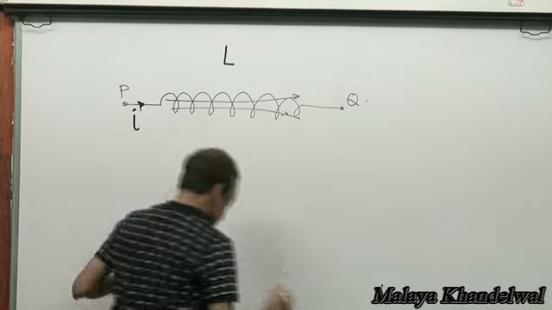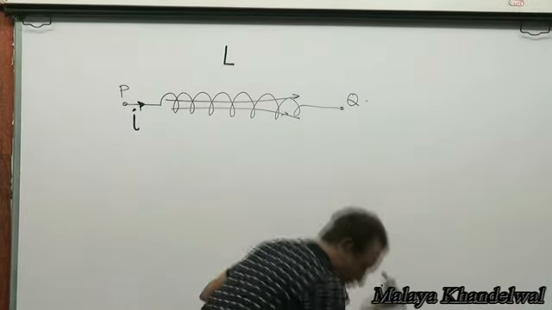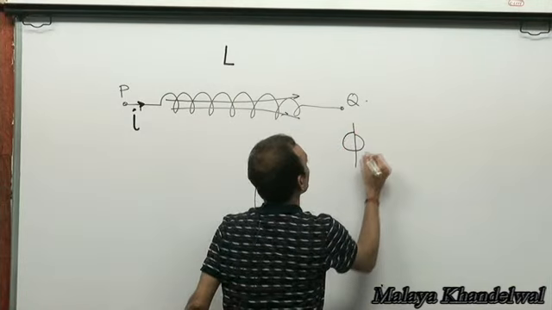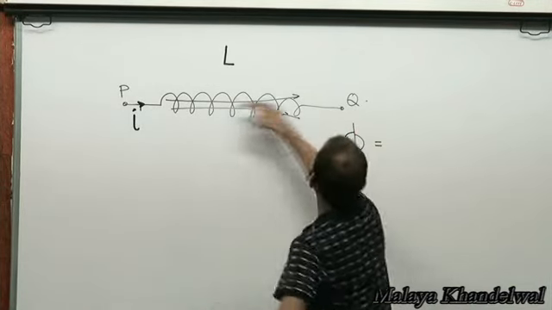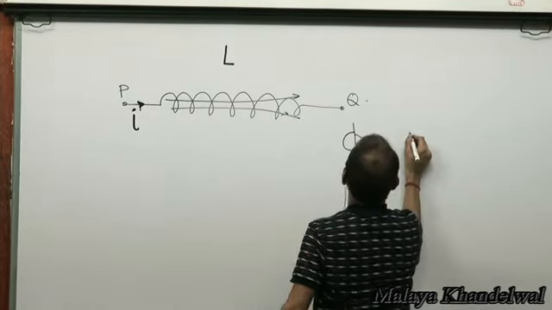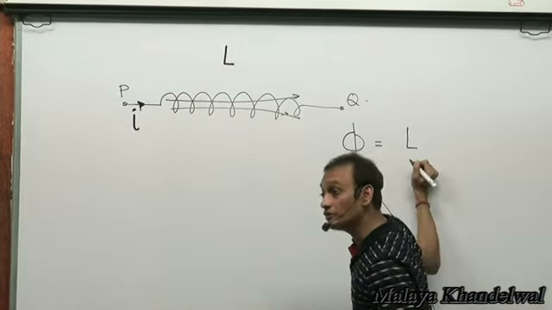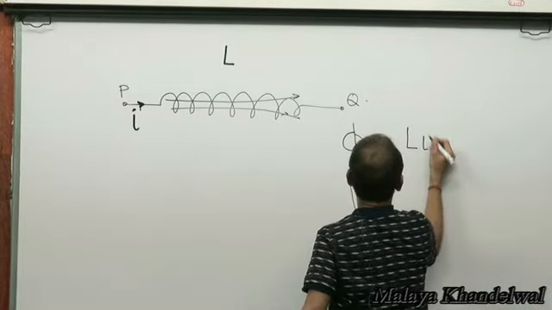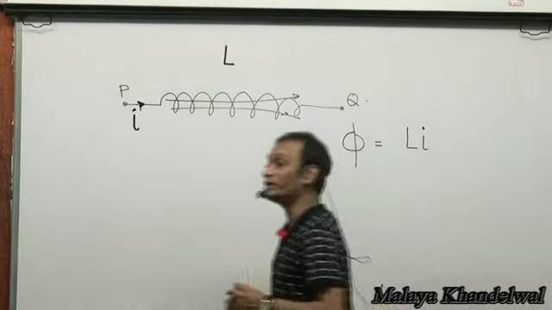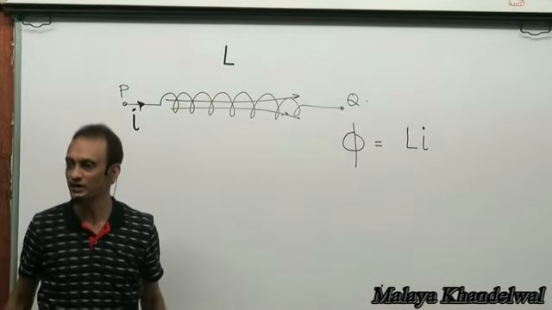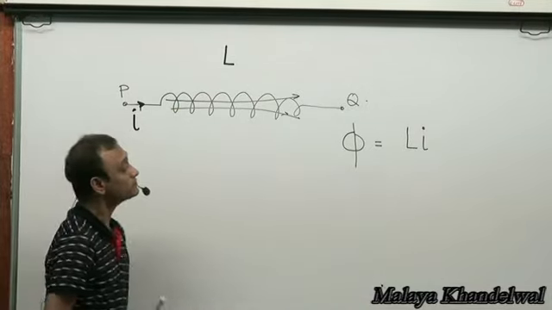So the flux through the inductor element would be L, which is the coefficient of self-inductance of the inductor, times the current I. That's going to be the flux associated with this solenoidal structure, right?